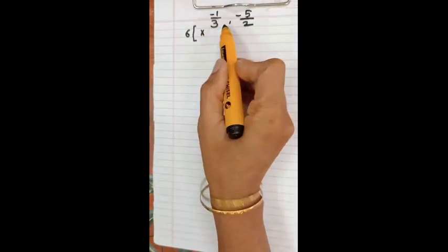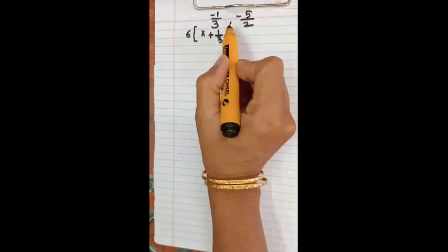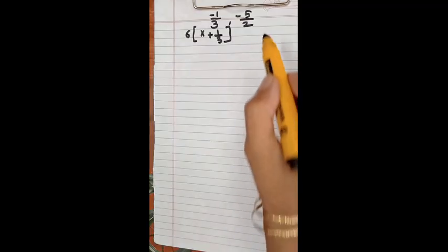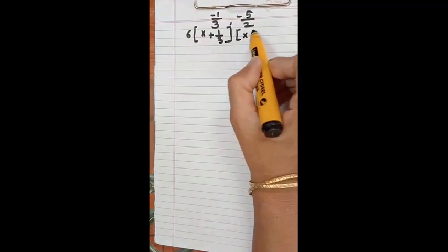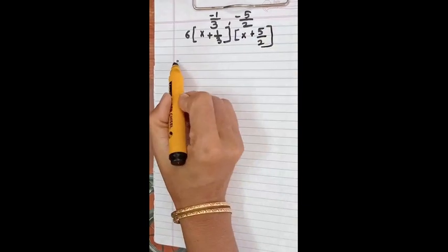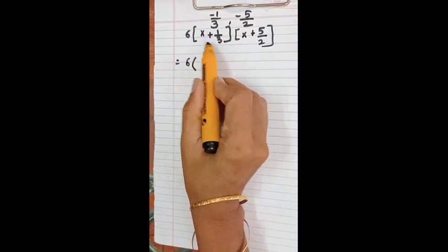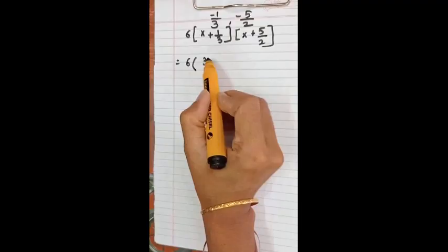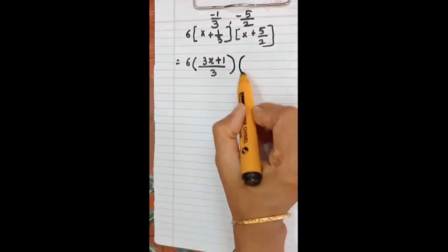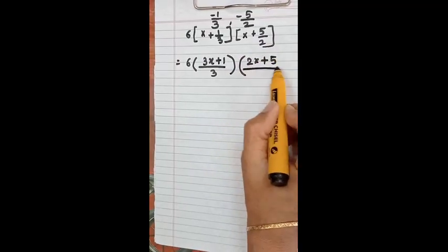So x plus 1 upon 3 will be a factor, and the second factor will be x plus 5 upon 2. So just solve this equation. 6 into bracket, if you make the denominator common, you get 3x plus 1 upon 3 and 2x plus 5 upon 2.